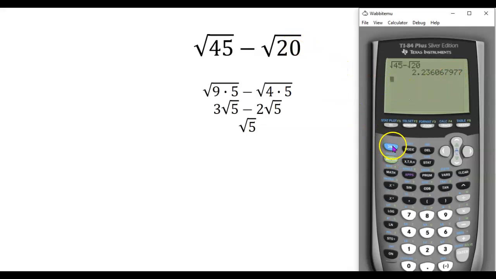That's not what we want, but I can check with my calculator that that is the same number as the square root of 5. That's also 2.236067977. So the calculator doesn't tell me that the square root of 45 minus the square root of 20 equals the square root of 5, but it does tell me that those two things are equal to each other. So things like this you can't do on a calculator, but you can check them with a calculator.